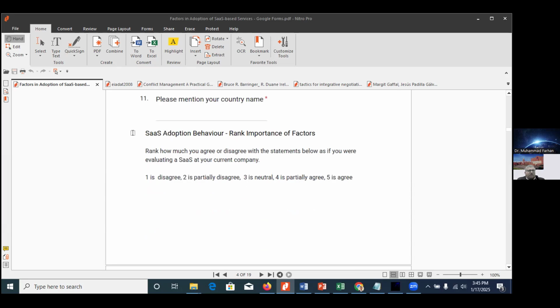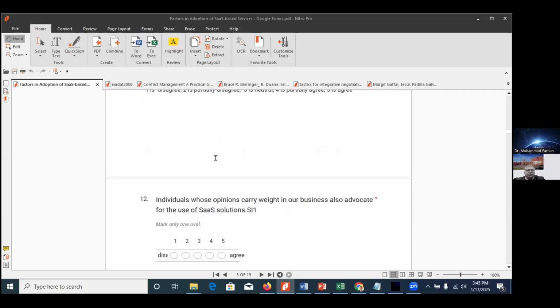It depends on what your requirement is. Then come these Likert scale items.